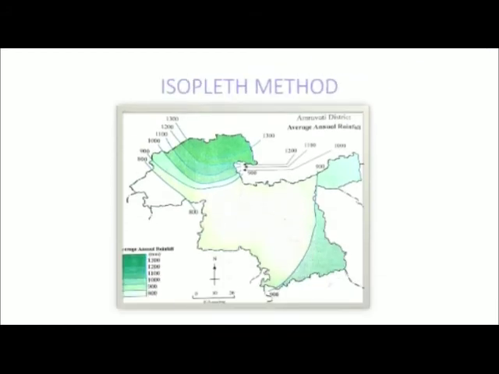The last method is the Isopleth method. In this method, the distribution is shown with the help of lines having equal value. When the distribution variable is continuous, the Isopleth method is used to show the distribution.